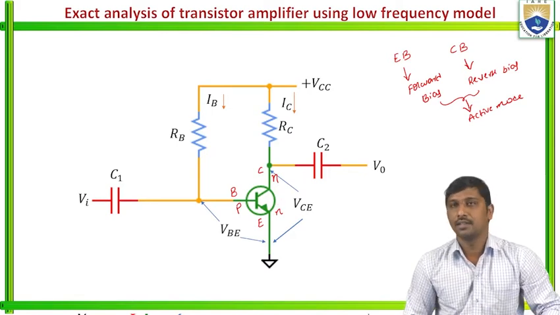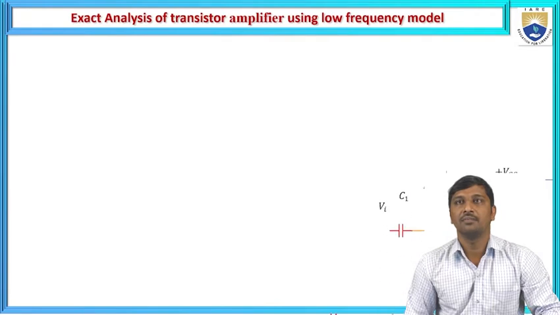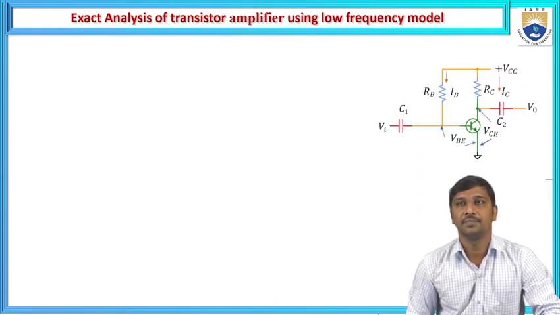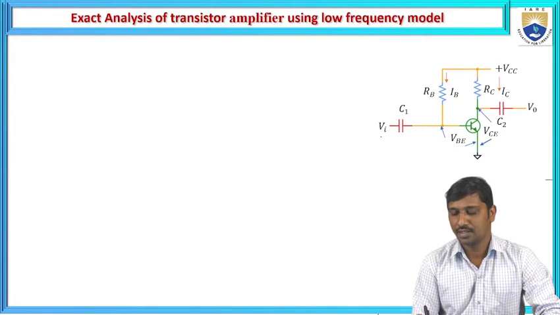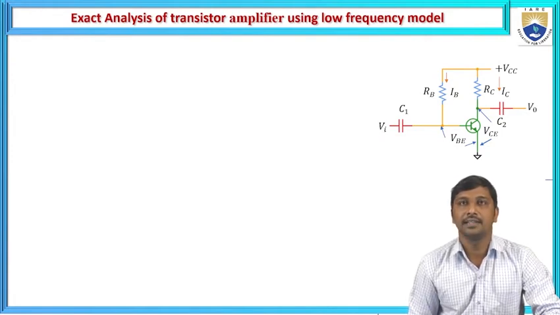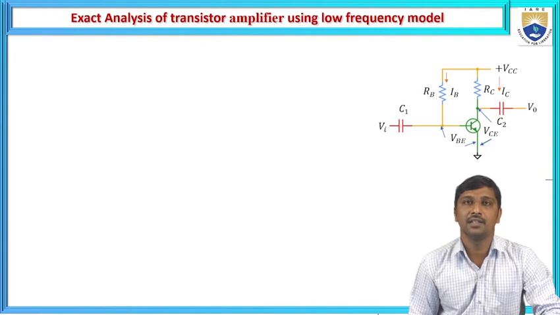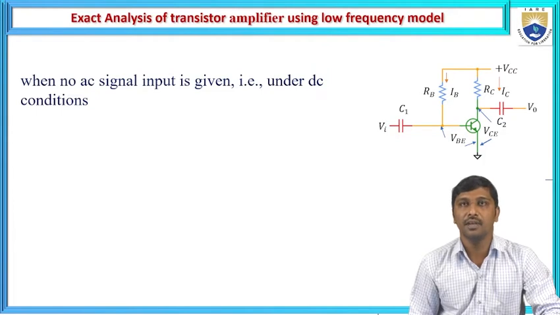Now we need to see this amplifier principle. For this amplifier circuit, in the absence of any given AC signal, meaning the input signal is 0, under the DC condition, we need to identify how much base current flows and how much collector current flows across the amplifier circuit.